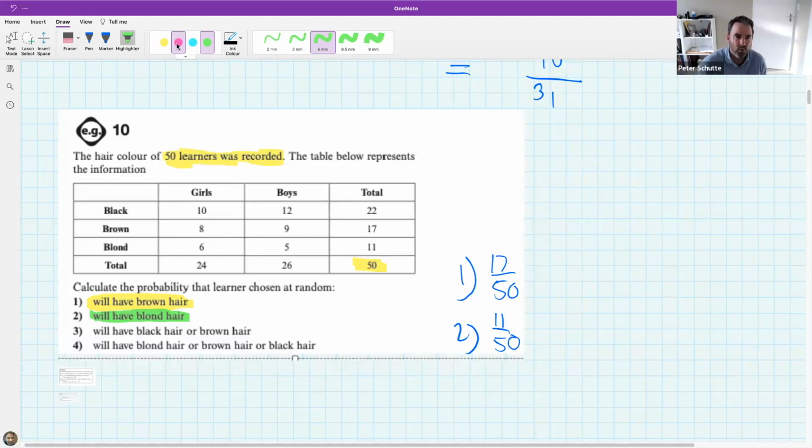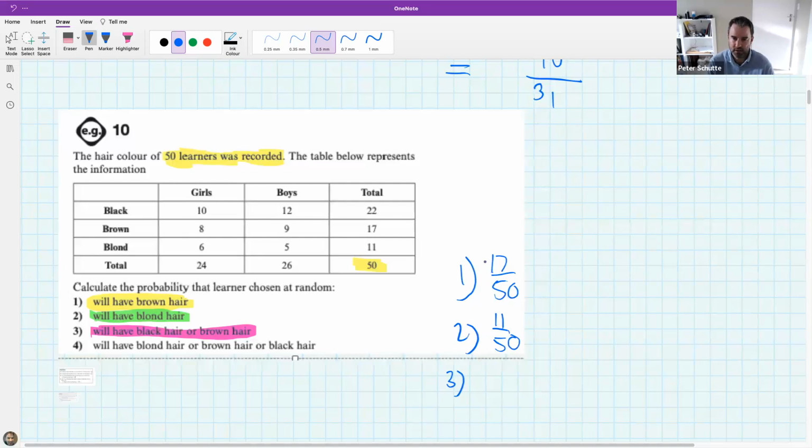What is the probability they will have black hair or brown hair? Now remember, either of them is a favorable outcome.